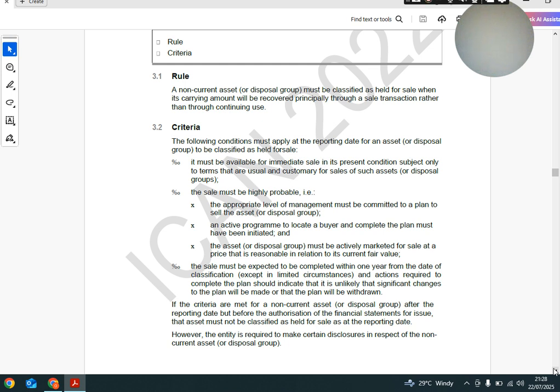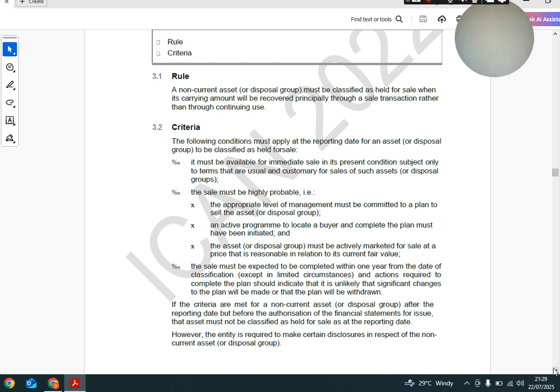Number one, there must be management commitment. An appropriate level of management must be committed to selling the asset.